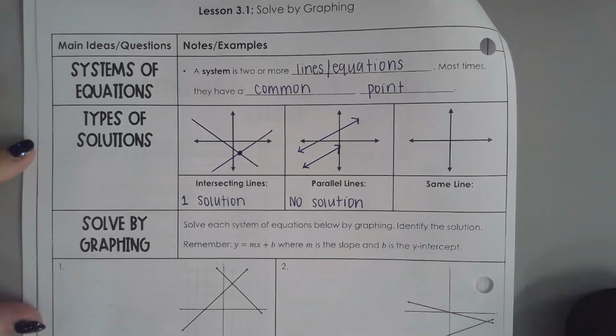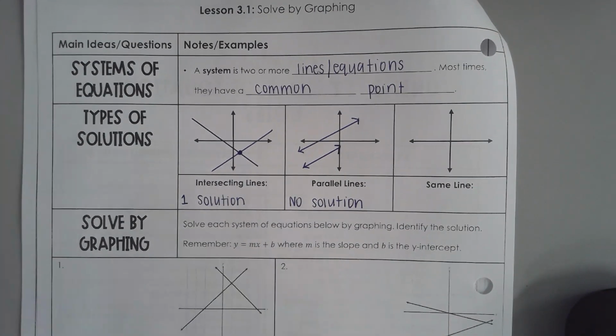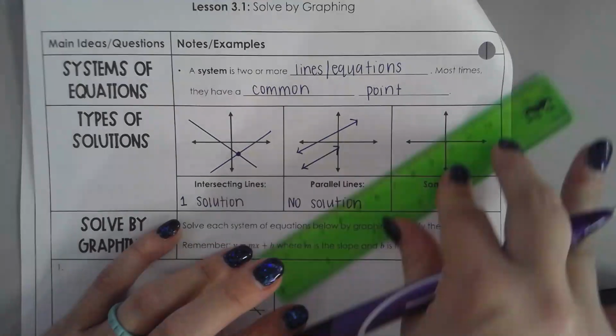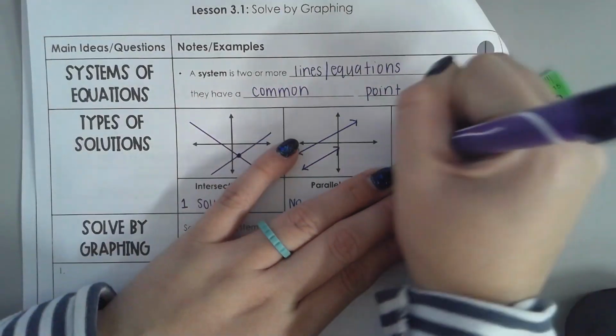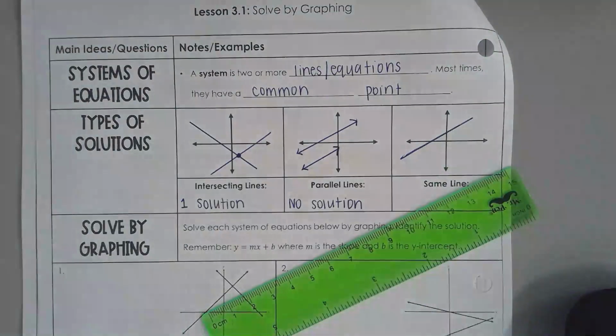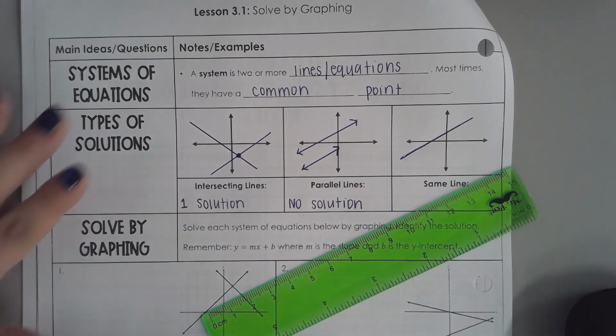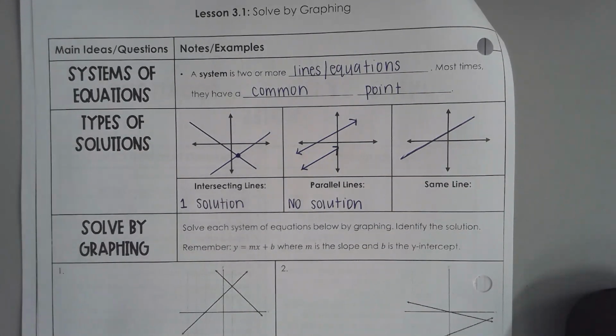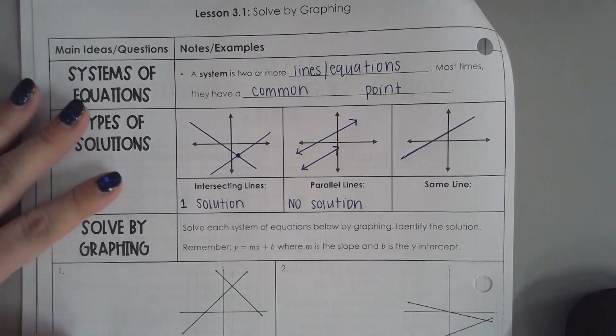And then sometimes you might even be given 2 equations that actually are the same line. When you first see the problem, you may not realize that the equations are identical, but after you do some work with them, you might realize that they actually are.